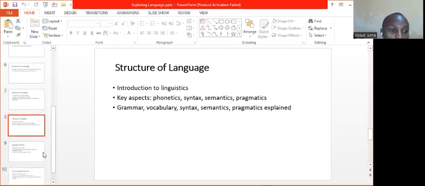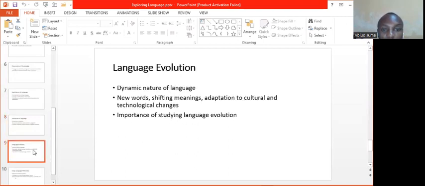So we are going to look at the ninth, which is language evolution. Language has evolved from generation to generation because of various aspects. So language is dynamic and not static. New words, shifting meanings, adaptation to cultural and technological changes.